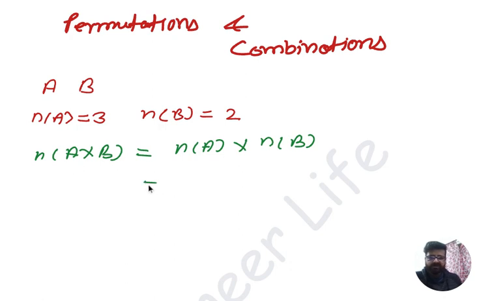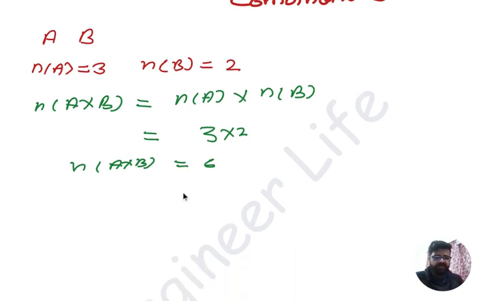So the number of elements in this set means the number of pairs which can be made from set A elements and set B elements. So 3 into 2, so it was 6 pairs. We have already studied this topic.